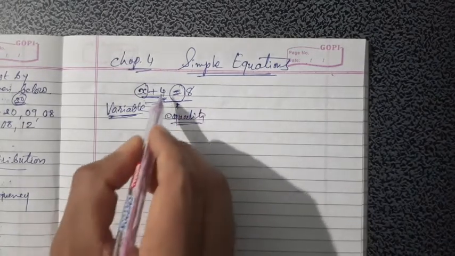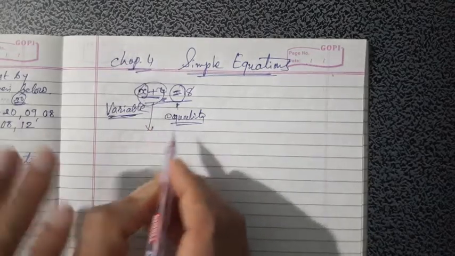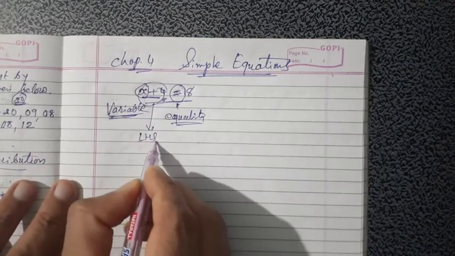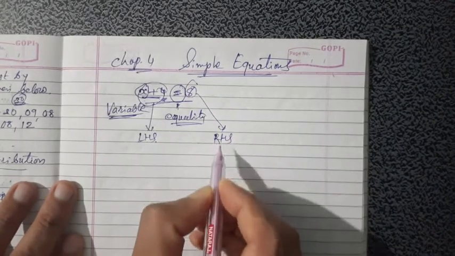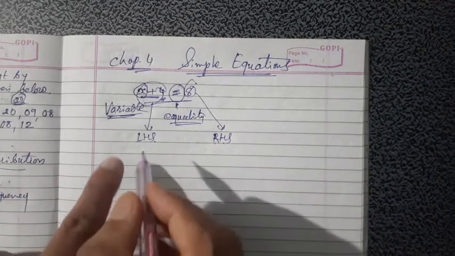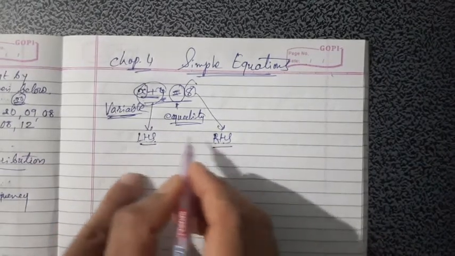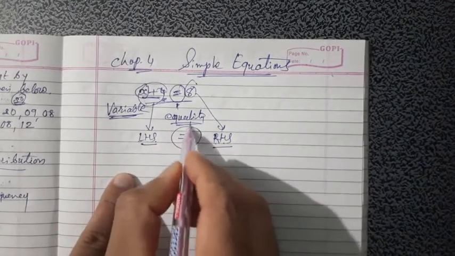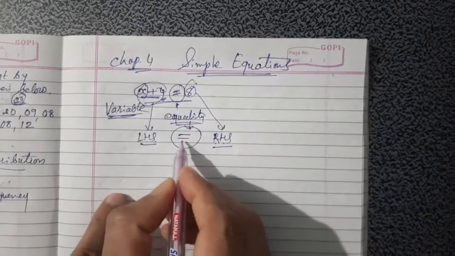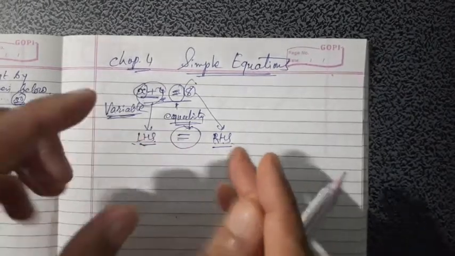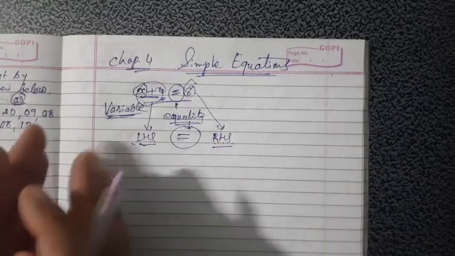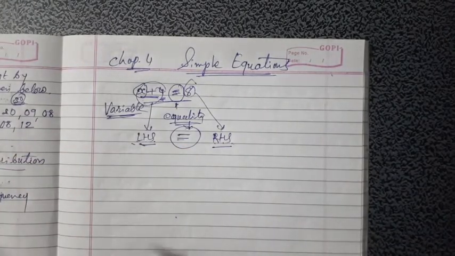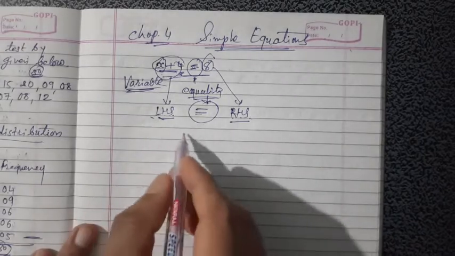Both sides means this one is our left side, called LHS, left hand side, and this one is our right side, called RHS, right hand side. The value of the left side and the value of the right side are equal, that is called equality. That is called an equation.